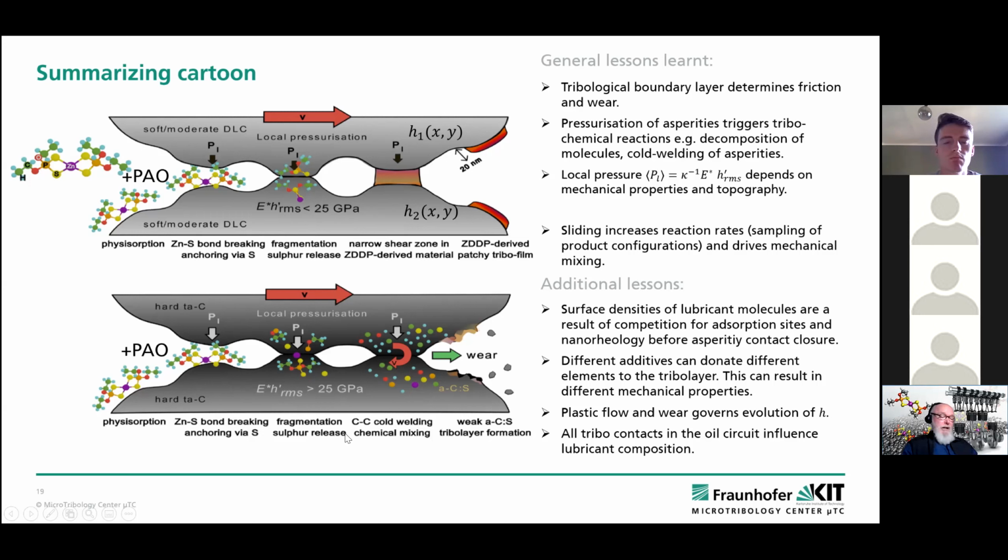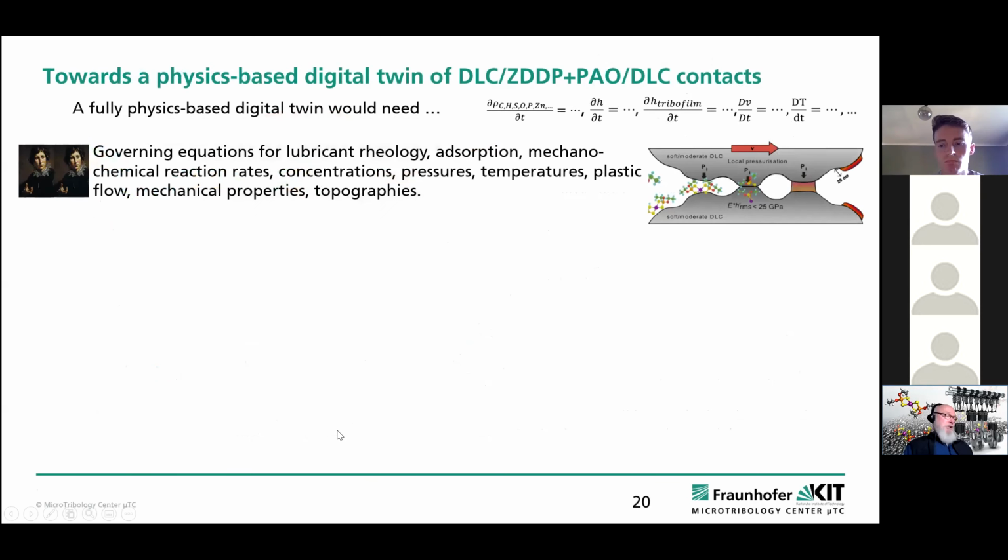So this is very complicated physics you have to take into account. If we would go to a fully physics-based digital twin, we would need quite a big set of governing equations for the lubricant rheology, adsorption, mechanochemistry, dopant concentrations, local pressures, temperatures, plastic flow, mechanical properties, topographies.